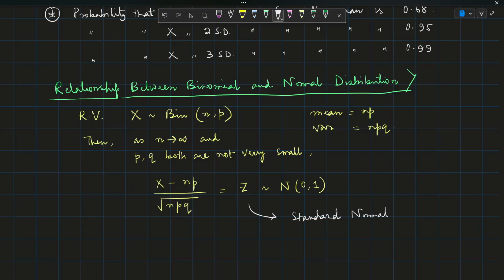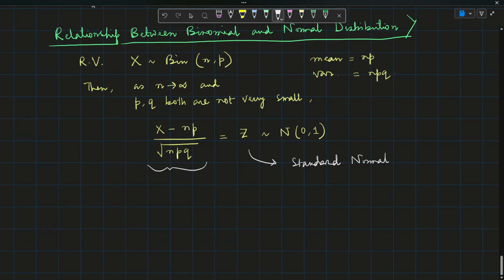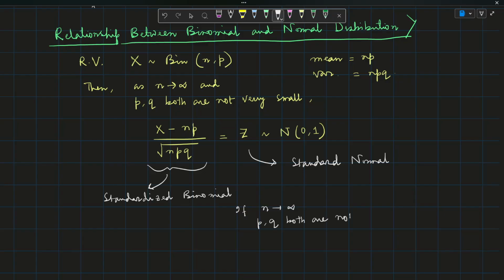So here z is a standard normal variable and (x minus np) by root over npq is a standardized binomial variable. And this will happen if n tends to infinity and p and q are both not very small.